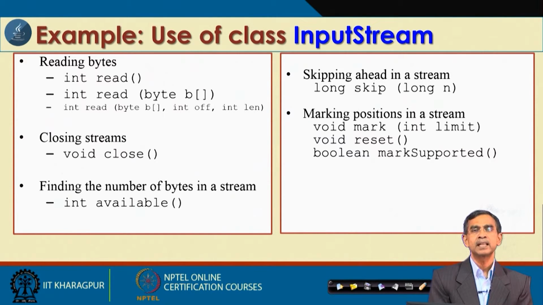Mark int is basically it will mark a particular position in a stream, and then reset, as I told you, will reset the stream position, and boolean mark supported tells whether marking a location in the stream is supported or not, it will return true or false. So, these are the many methods that are required to control our input mechanism. Those are already defined in the input stream class.